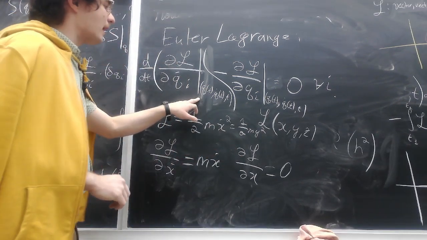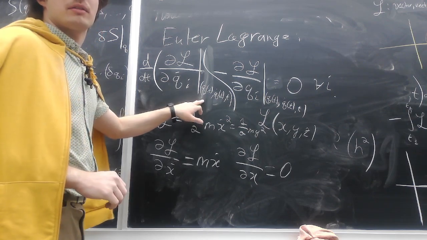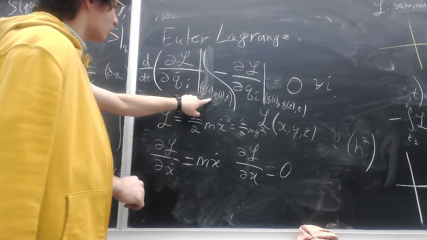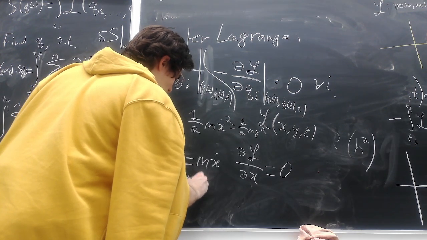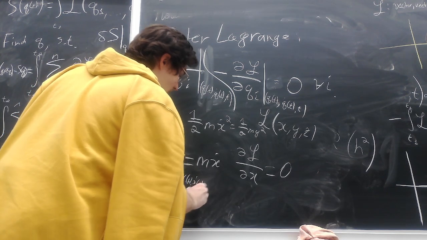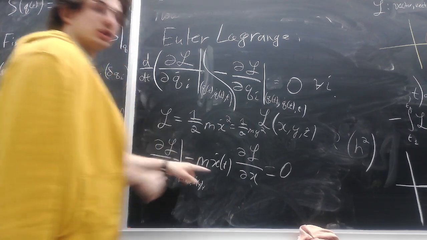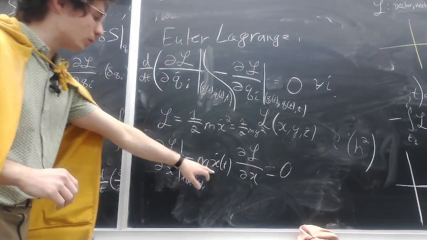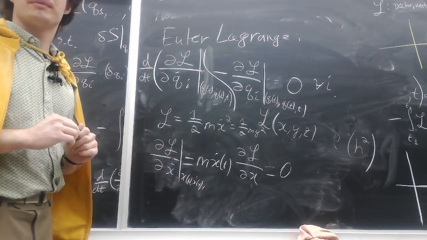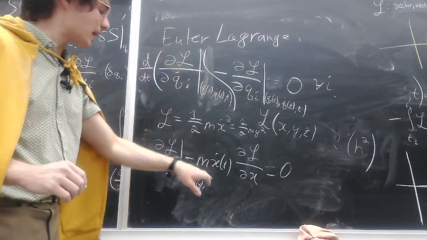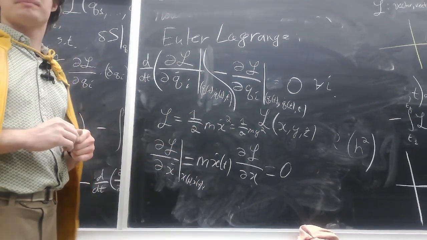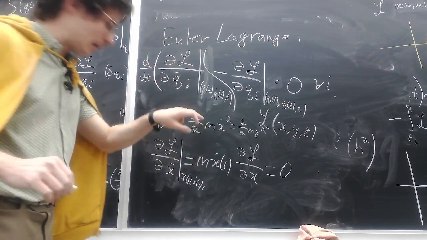Now I evaluate it at my path, x of t, x dot of t. Now this has become a function of time. Before it was just symbols. Now it's a function of time.